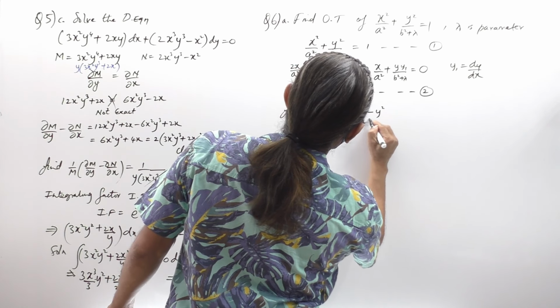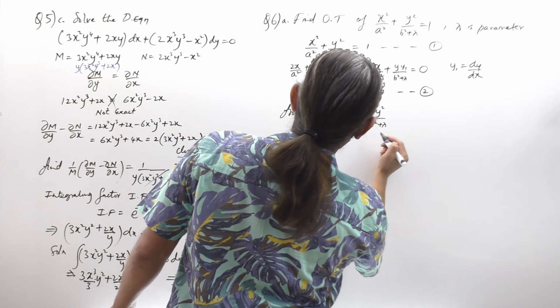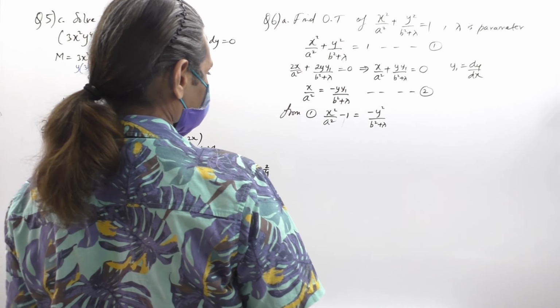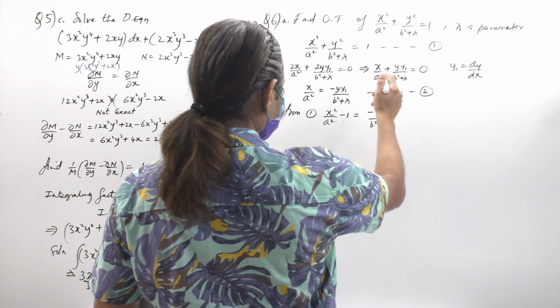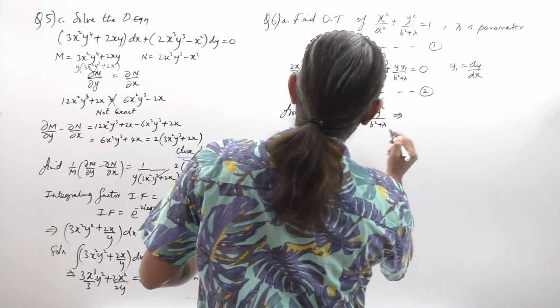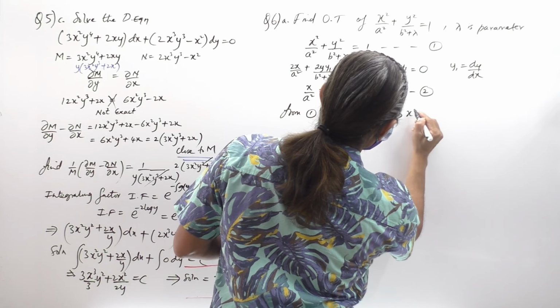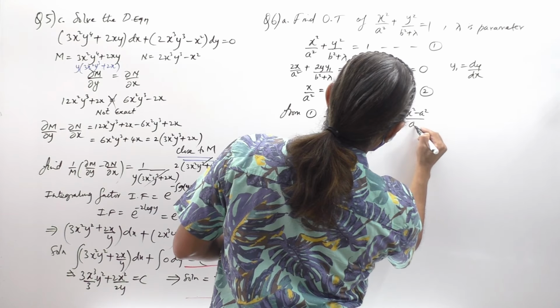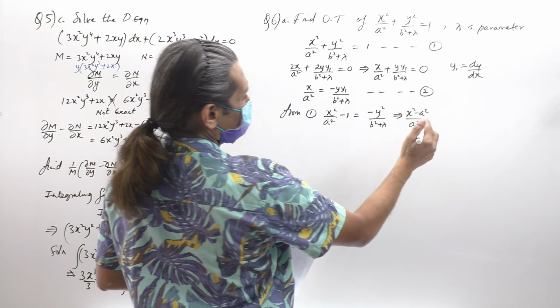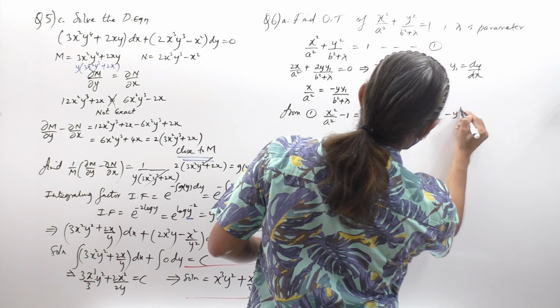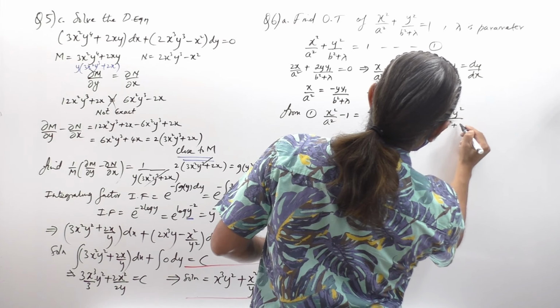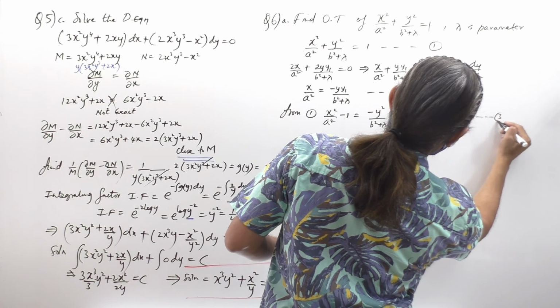minus y square by b square plus lambda. Fine. This is what I have here. Or that again implies, take the LCM here, x square minus a square by a square is equal to minus y square by b square plus lambda. I take this as number 3.